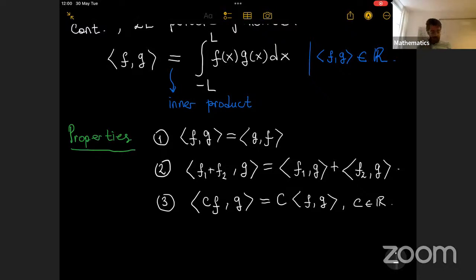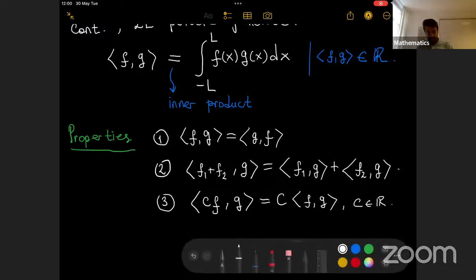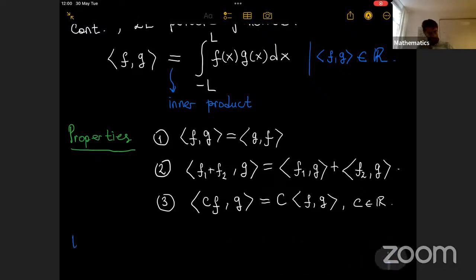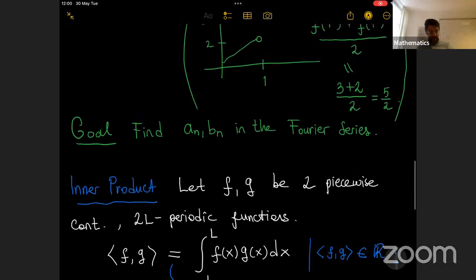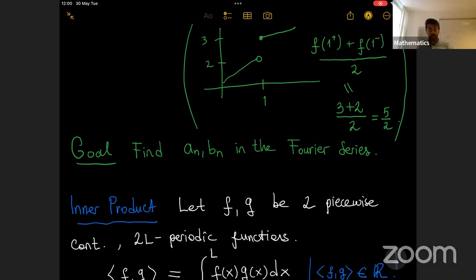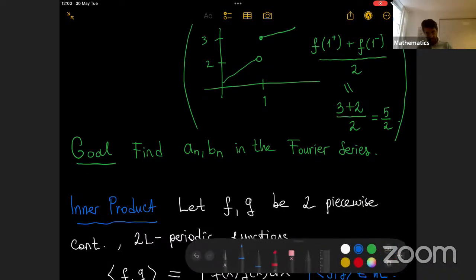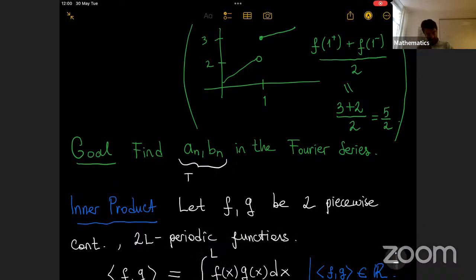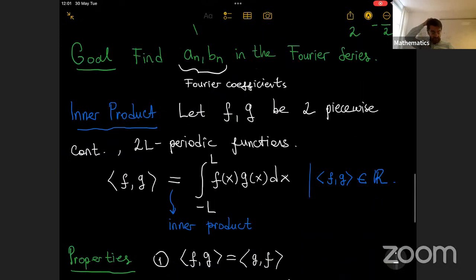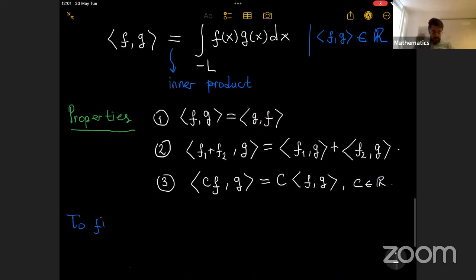Well, remember our goal here, to find the Fourier coefficients. These are called Fourier coefficients. To find Fourier coefficients, we will need some special inner products.